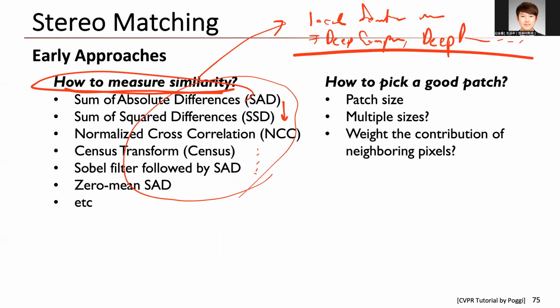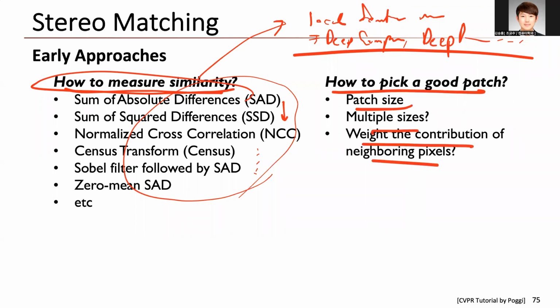The learning-based similarity technique may be a good alternative, maybe a good solution to measure the similarity in the stereo matching pipeline. How to pick the good patches? Maybe we can consider various patch sizes, multiple sizes, and weight the contribution of neighboring pixels.